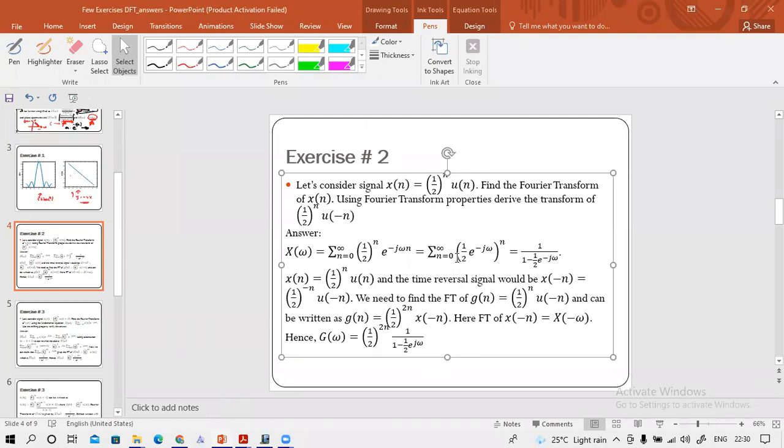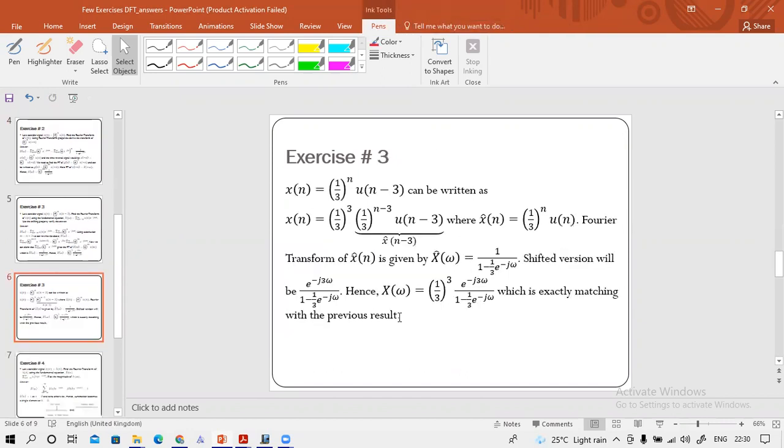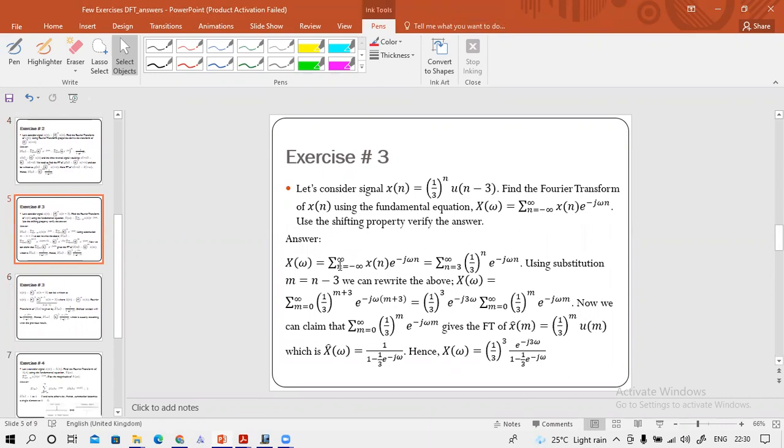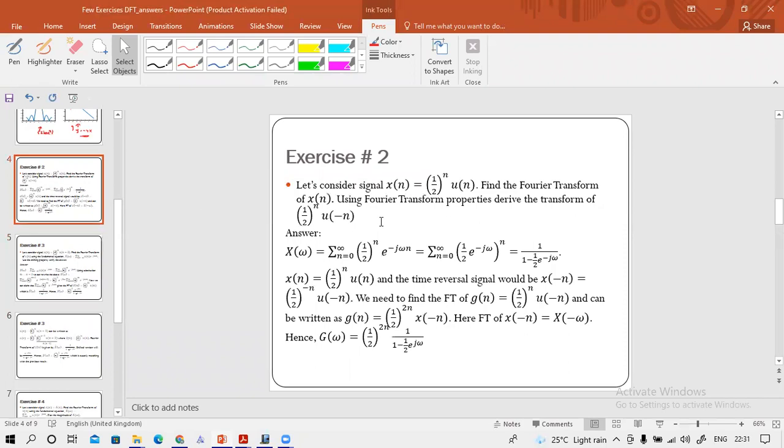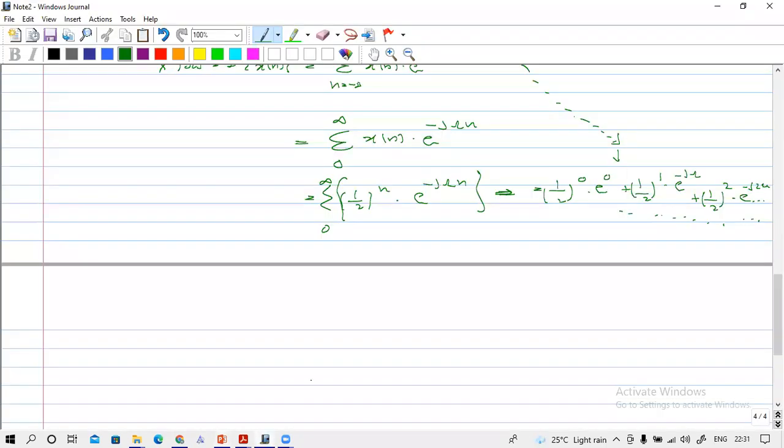So you can see that we can simplify this further. It is simplified somewhat further. So you can see that X(ω) we have from 0 to infinity of (1/2)^n e^(jωn).